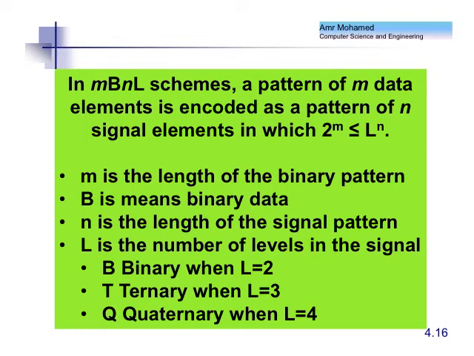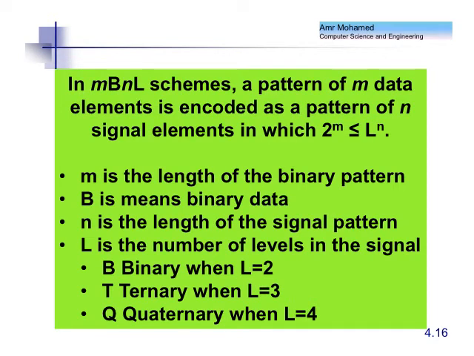So I can have more than 1 signal element. In which case, how many signal combinations can I generate? Many. So the number is the number of signal levels to the power of the number of signal elements.